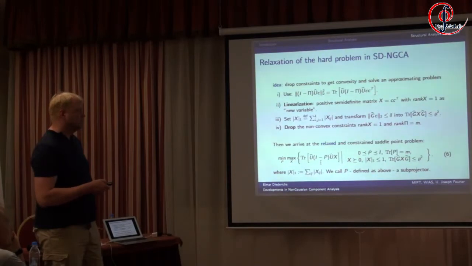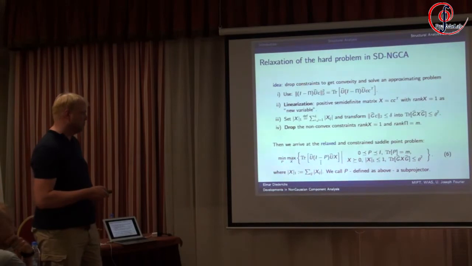We relax the noise-killing condition into this inequality formulation, and we drop the non-convex rank constraints, as well as for the variable x and for the projector pi. We didn't use a rank constraint, instead we use a trace condition. What we get then is a relaxed and constrained semi-definite problem of the following form.